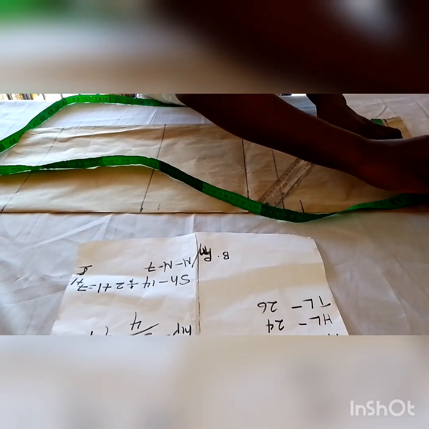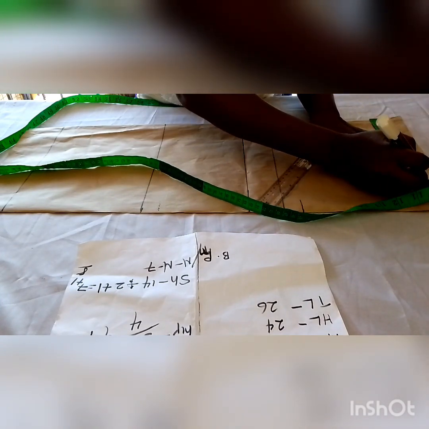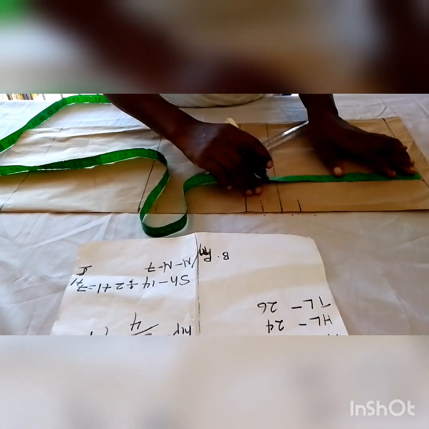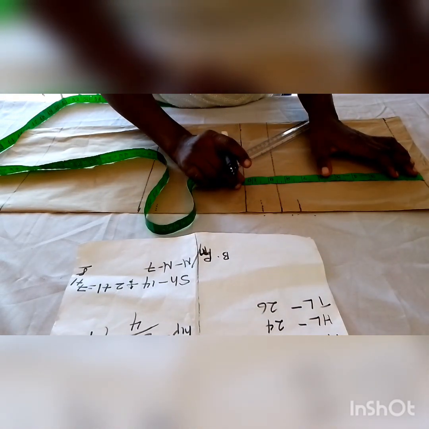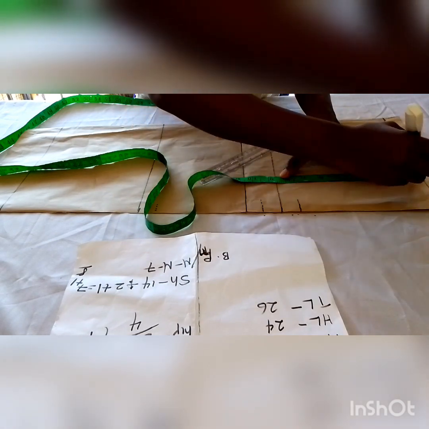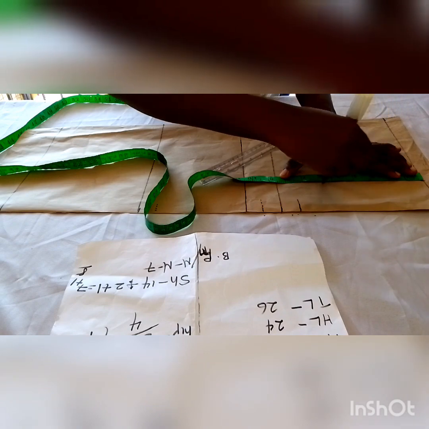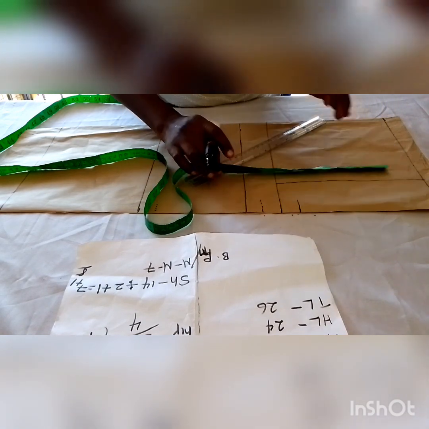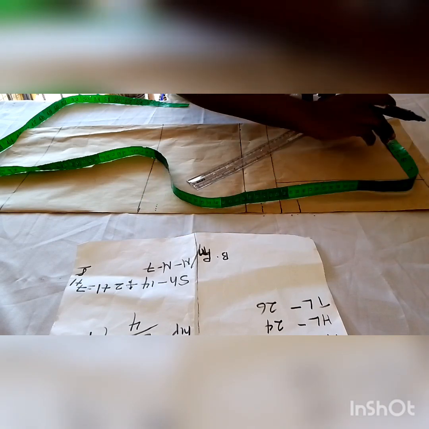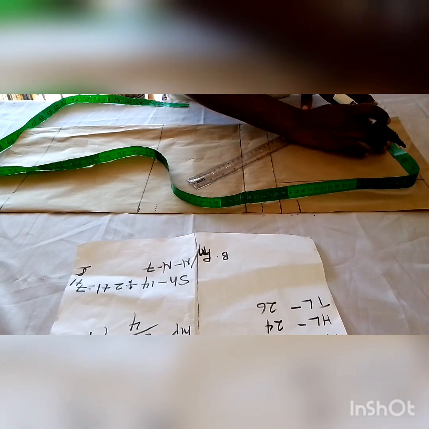So to place our shoulder measurements on our starting line now, the shoulder divided by 2 plus half. You mark it there and join it to the chest line on a straight line. So you mark the width of your neck.